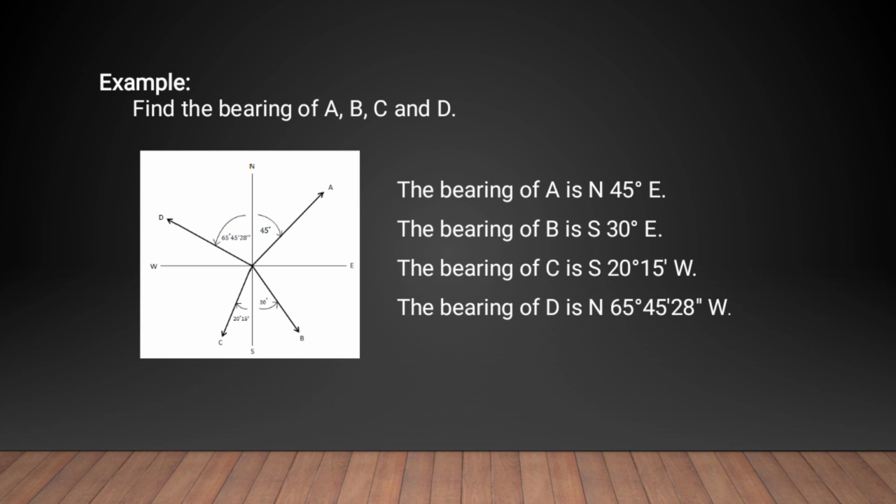So, ang atong B is south 30 degrees east. So, counterclockwise. The bearing of C is south 20 degrees and 15 minutes west. The bearing of D is north 65 degrees 45 minutes and 28 seconds west.